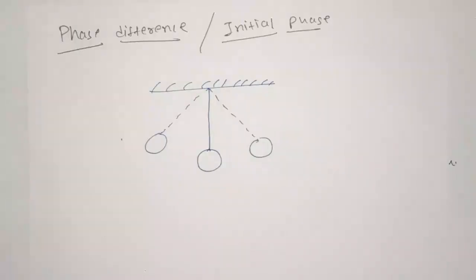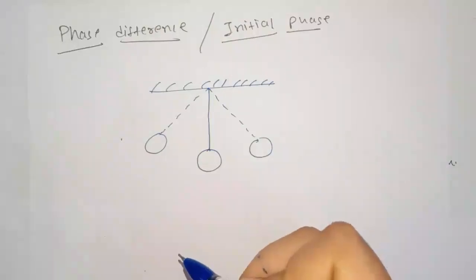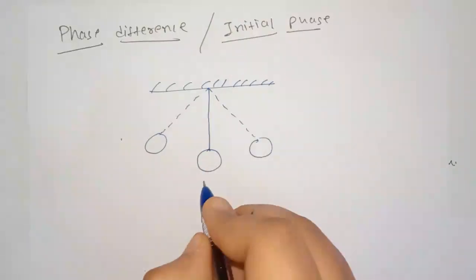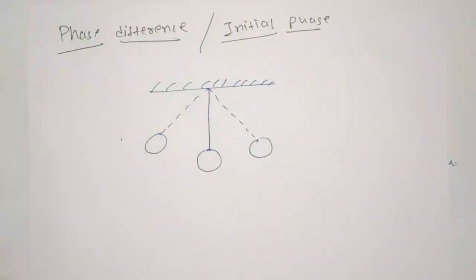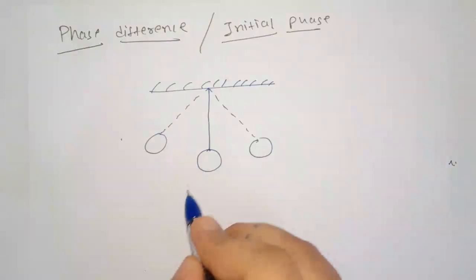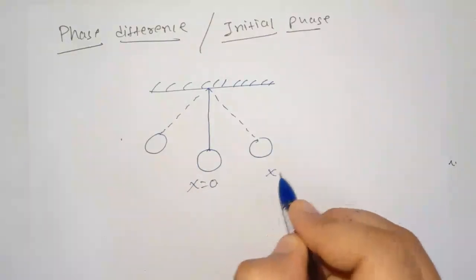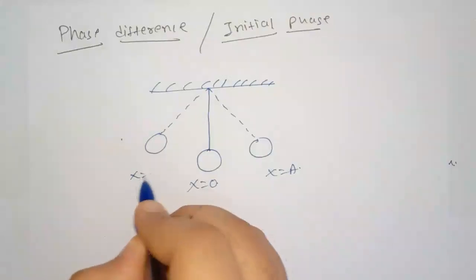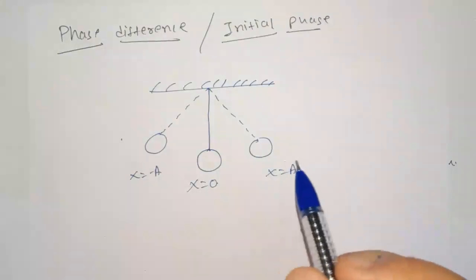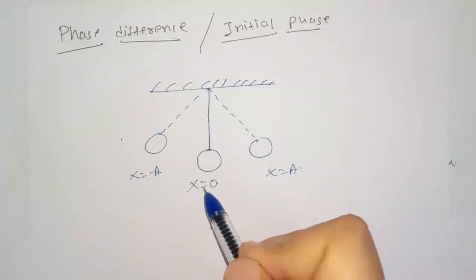Now let us understand what the phase difference is. In the graph of a sinusoidal wave representing oscillatory motion, we have seen the graph for a motion that starts with mean position x equal to 0. But it is not necessary that the oscillatory motion always starts from x equal to 0.